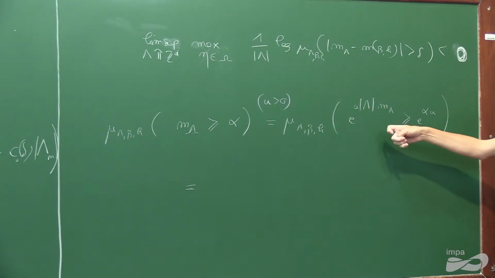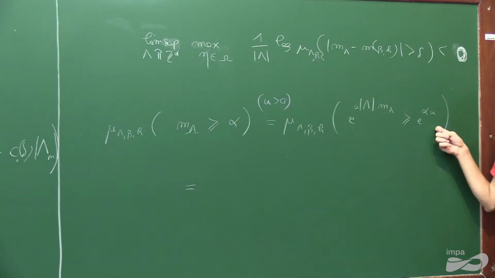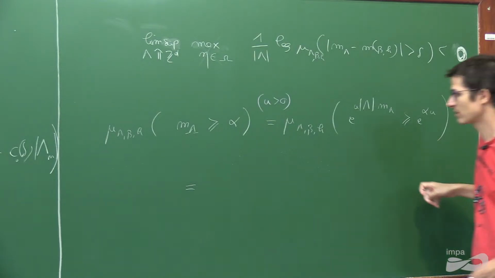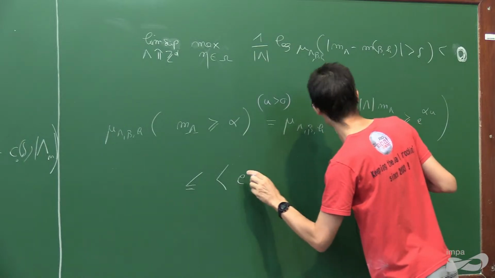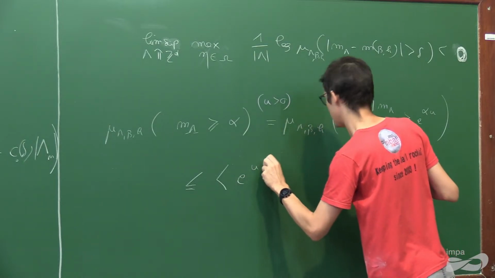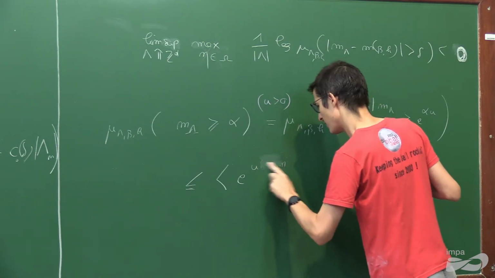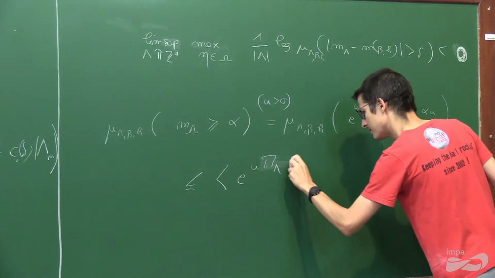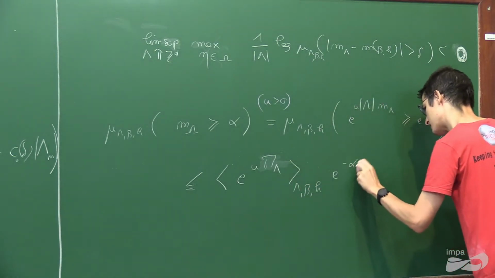The probability that this quantity is larger than this is bounded by the average of this quantity divided by this, so exponential u m lambda times exponential minus alpha u.